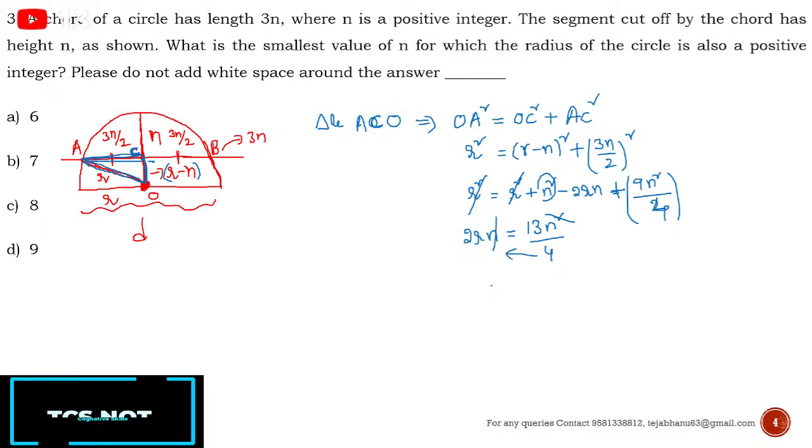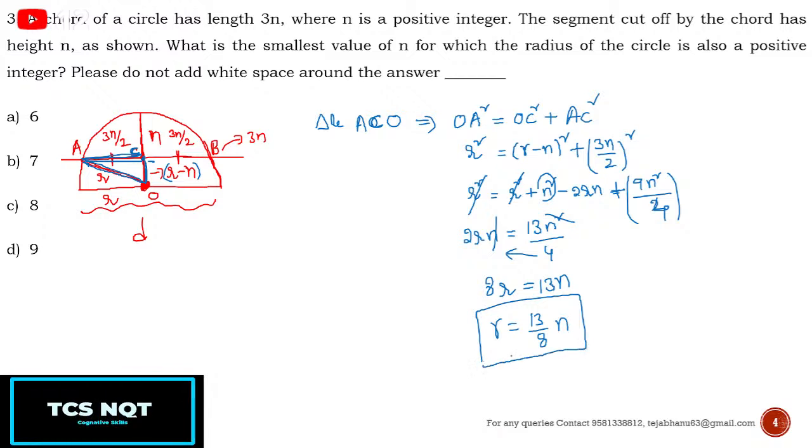If you cross multiply, 8r is equal to 13n. That is, r is equal to 13 by 8 into n. The radius is nothing but 13 by 8 into n. Now have a look.